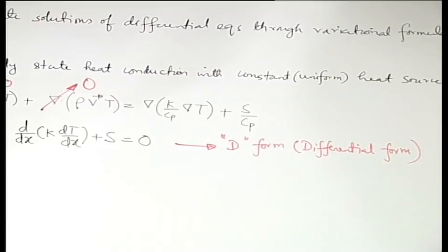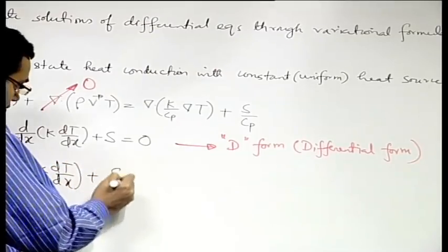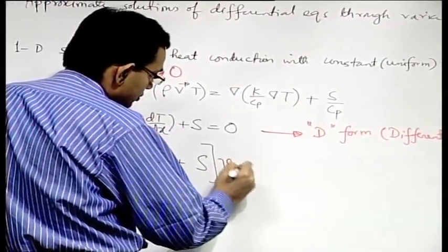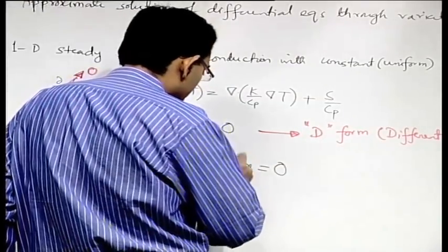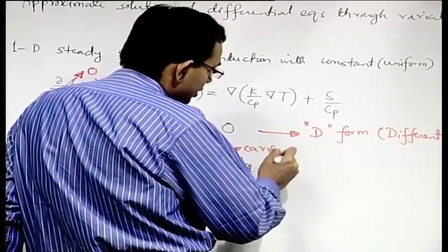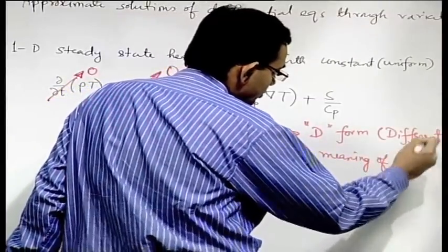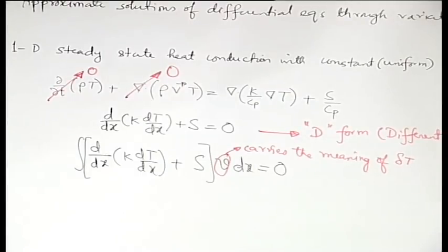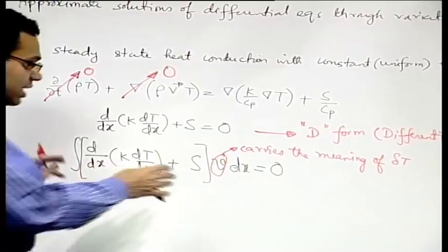To make a variational form of the problem, we will multiply this with a variational parameter V and integrate over the domain, where this V carries the meaning of delta y, or here y is T. So, this is the first step in the variational formulation.